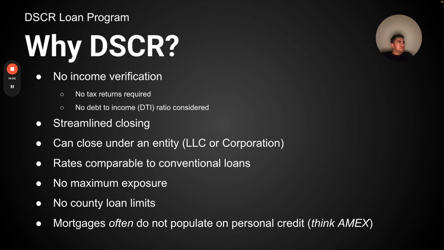So that's an interesting thing to bear in mind, is that if someone runs your credit, more than likely this mortgage is not going to populate on your credit unless you have a derogatory event, meaning you miss a mortgage payment. Okay.